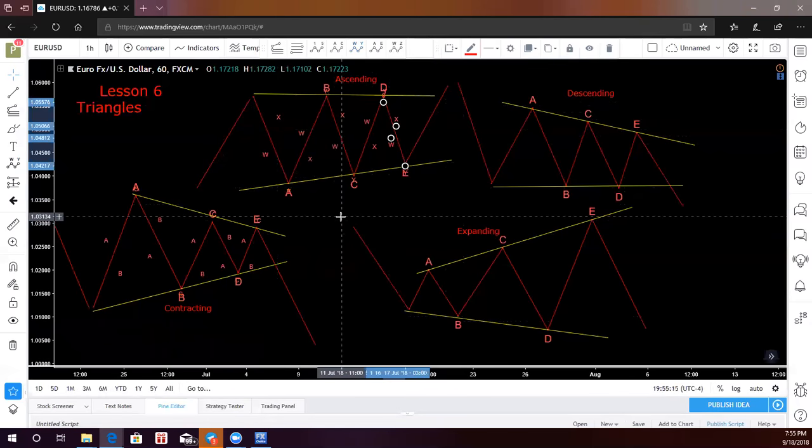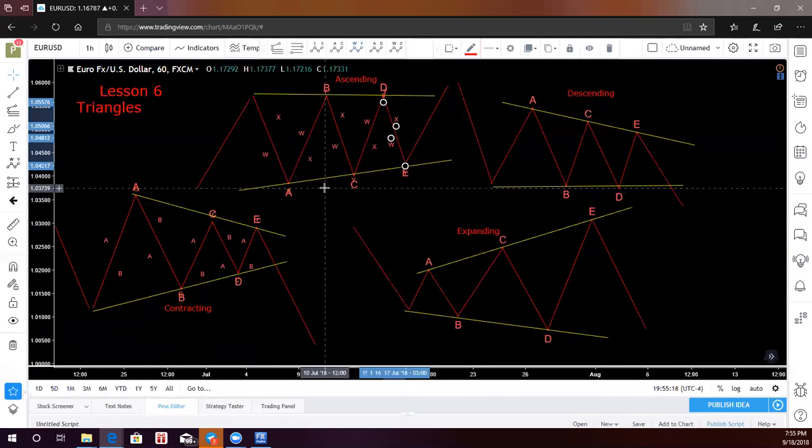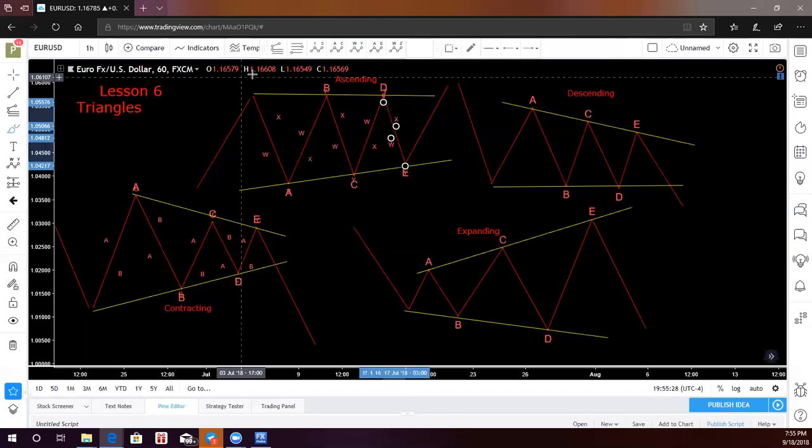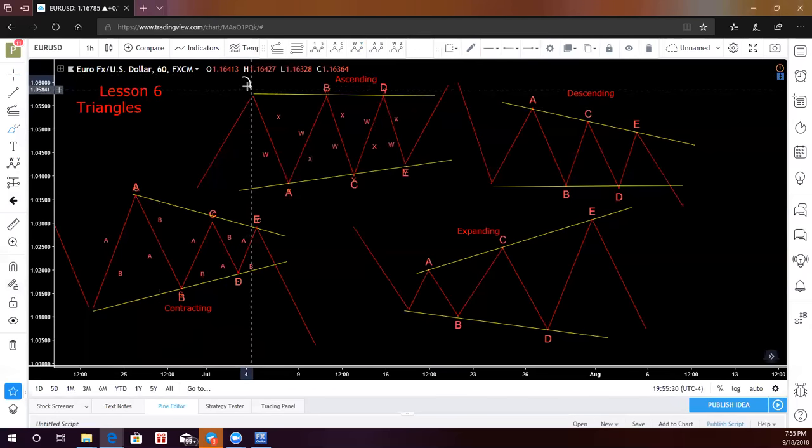Now, the first one we are going to be talking about is an ascending triangle. What is an ascending triangle? So if this happens in wave 4 of an impulse, we can have our 3 here. So wave 3.